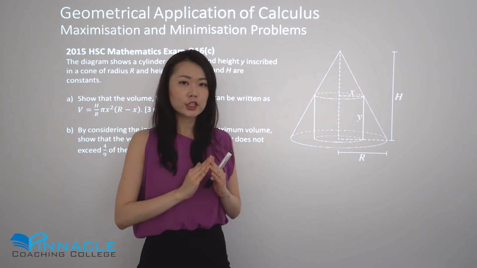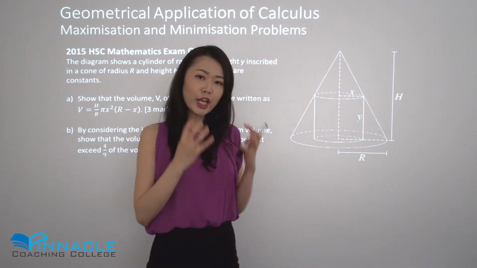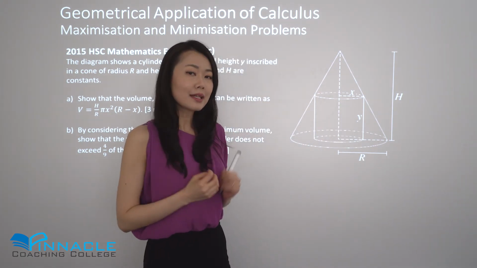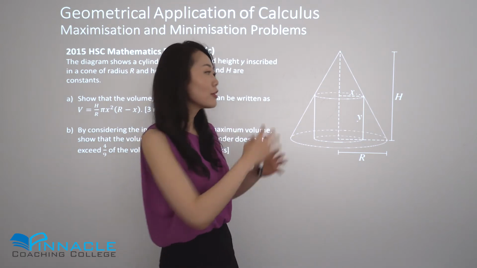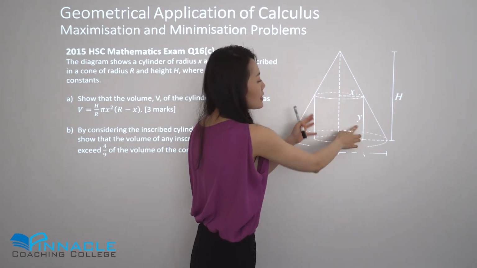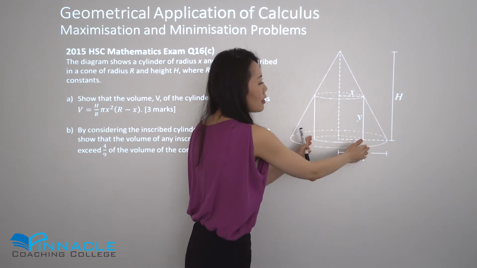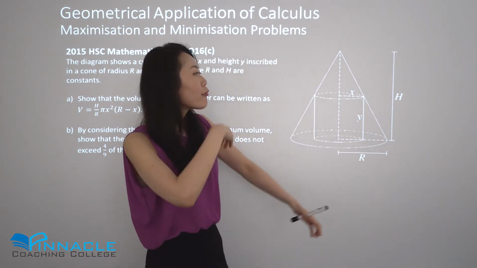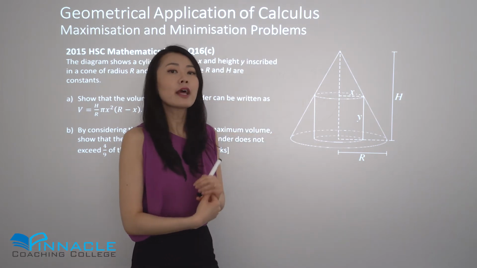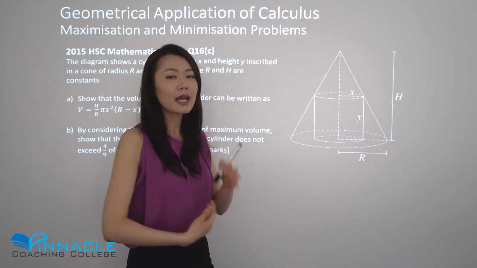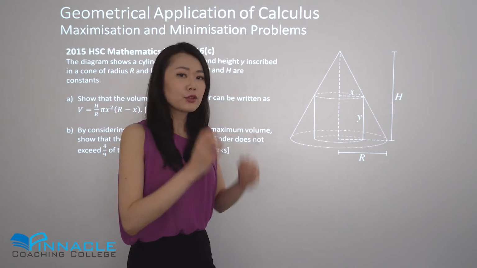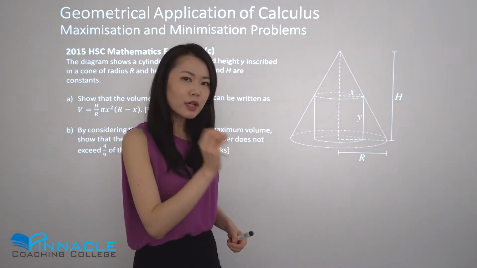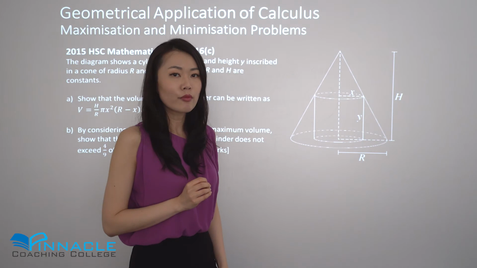It does not change. It is the cylinder that is changing, and we are trying to maximize the volume of the cylinder. So imagine you can change X and Y and make it wide but short, or tall but skinny. Okay, so there are different ranges of X and Y values that we can put in, and it will change the size of the cylinder. But we're trying to find the specific measurements that will give us the maximum volume.